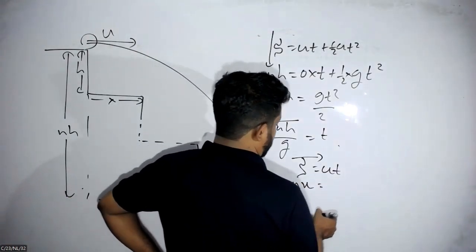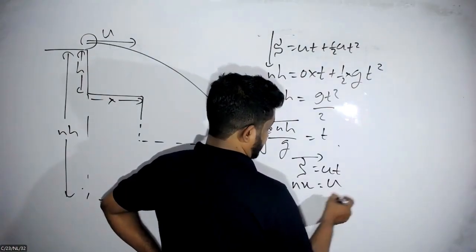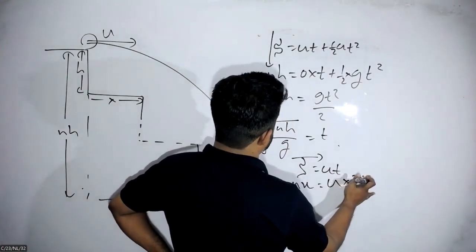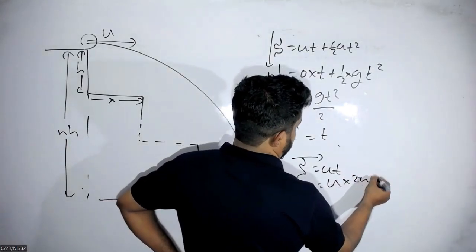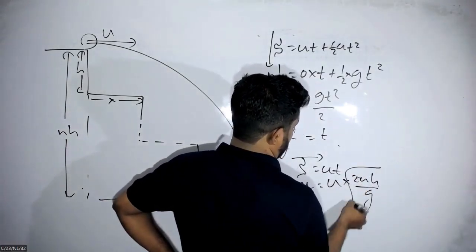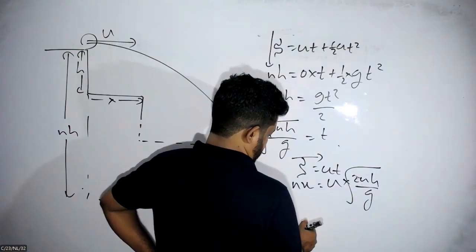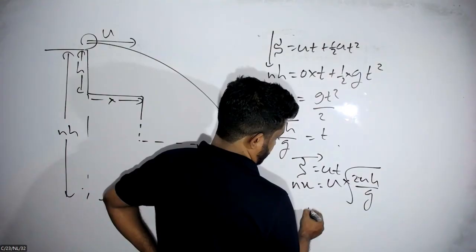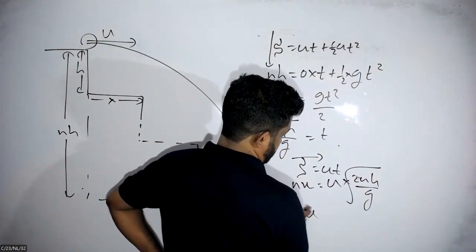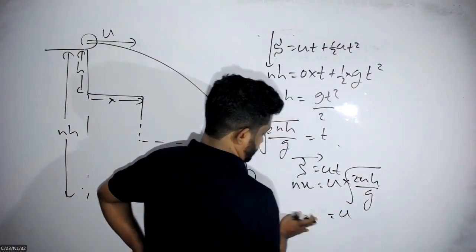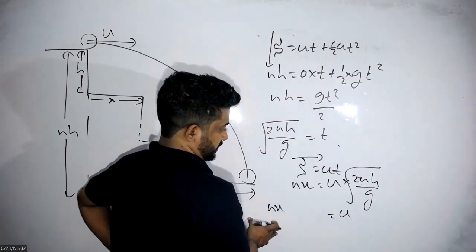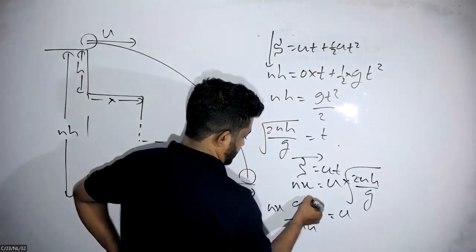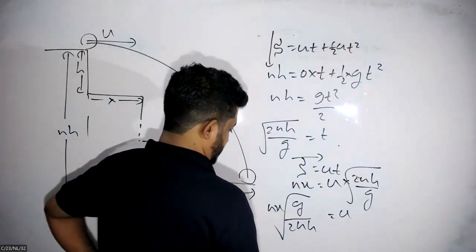u is the initial velocity, you need to find u. Then the time interval is square root of 2nh over g. Then the answer is u is equal to nx over square root of 2nh over g.